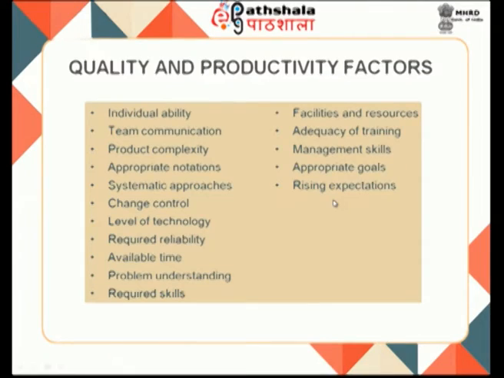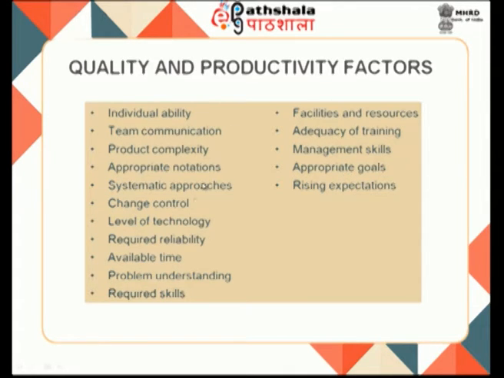There are certain more important quality factors required for the productivity of software: individual ability, team communication, product complexity, appropriate notations, systematic approaches, change control, level of technology, required reliability, availability, problem understanding, appropriate skills required, facilities and resources, adequacy of training, management skills, appropriate goals and rising expectations.